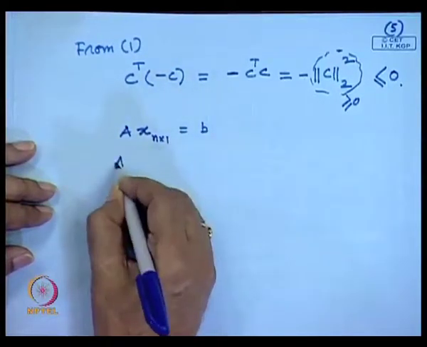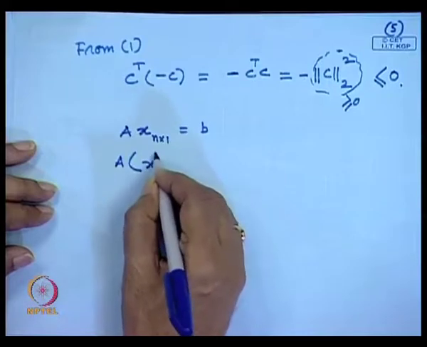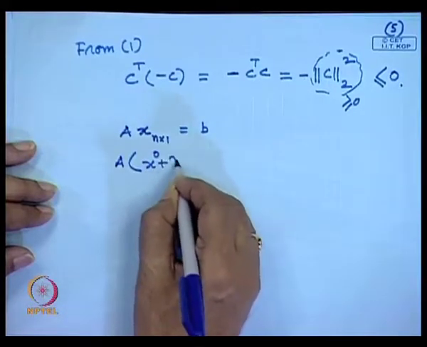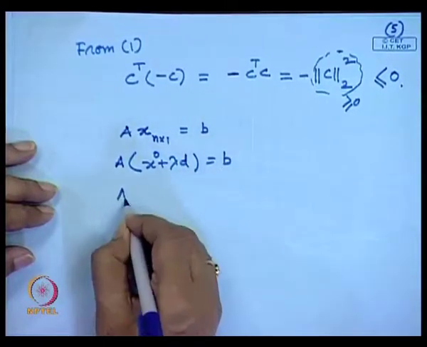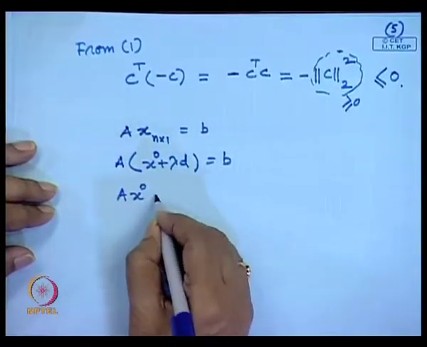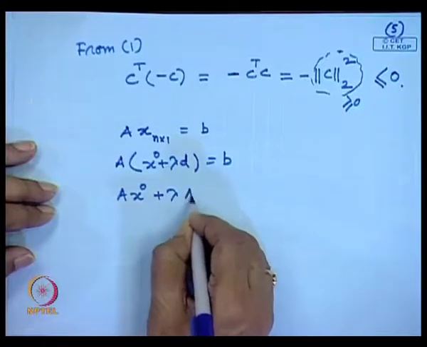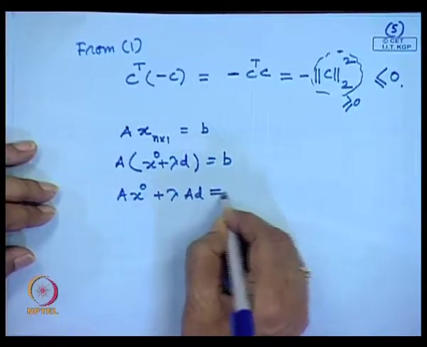Let us see. x is x 0 plus lambda d, so A into x 0 plus lambda into A d is equal to b.